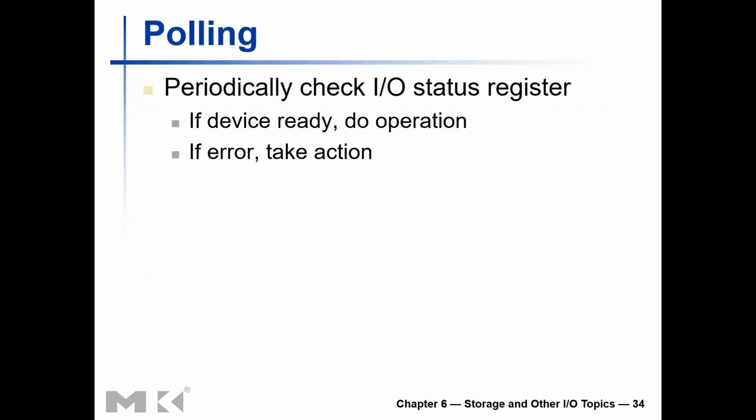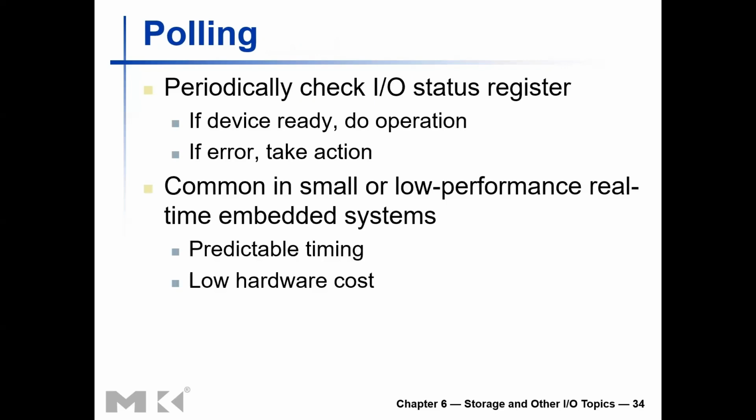Polling. Periodically check I/O status register. If device is ready, do operation. If error, take action. So the processor will keep on checking a device to communicate, and it will make decisions based on that.